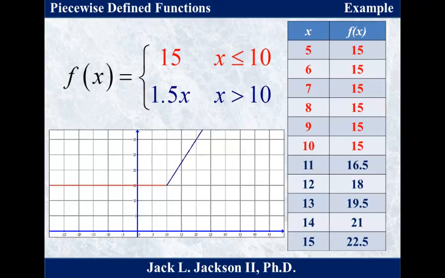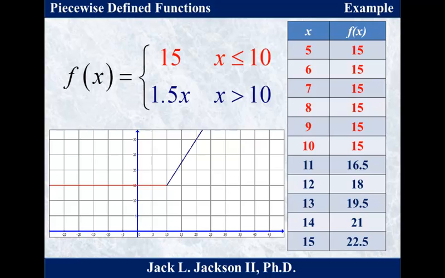Notice that for x less than or equal to 10 in the table, I have some of those in red, and they are all turned into 15 for the output. For x greater than 10, you can see those in blue in the table, and they're multiplied by 1.5.